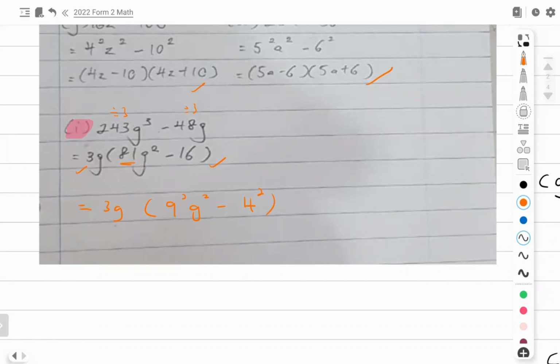Don't write the number only, just write in full. 3G bracket and then 3G and then only one 3, okay, 3G minus 2, then another one 3G plus 2.